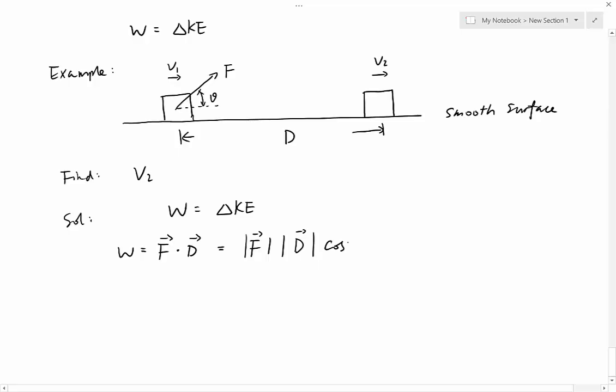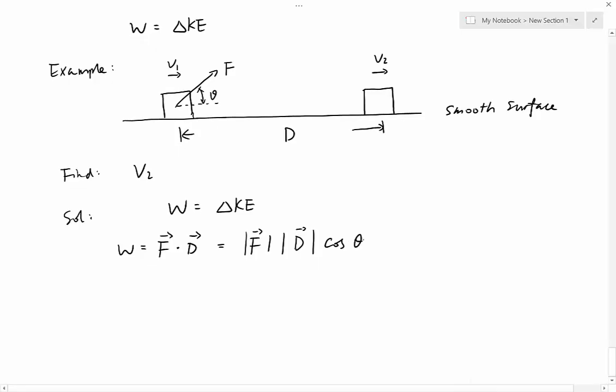What is the angle? The angle is the angle between force and displacement. Displacement is just horizontal. So what is the angle between our force and the horizontal direction? That is theta. So cosine theta. To simplify, we can just write F d cosine theta.